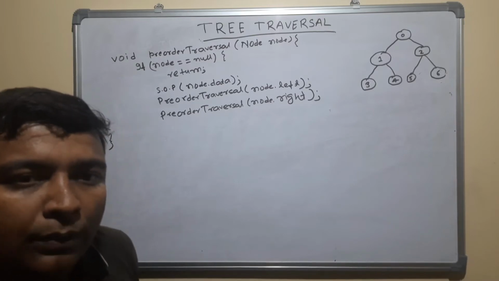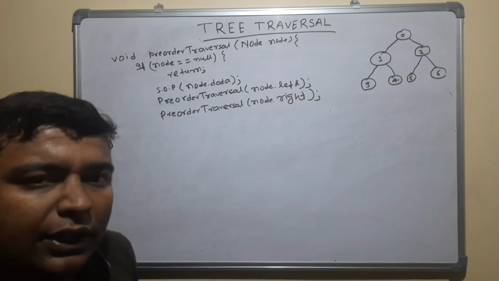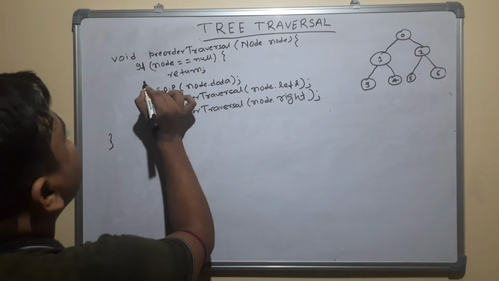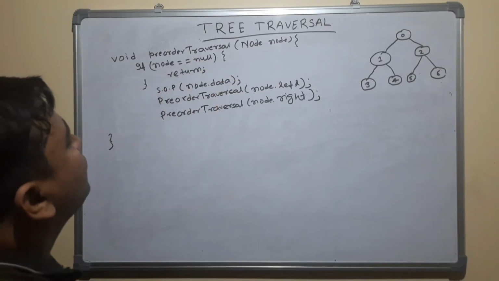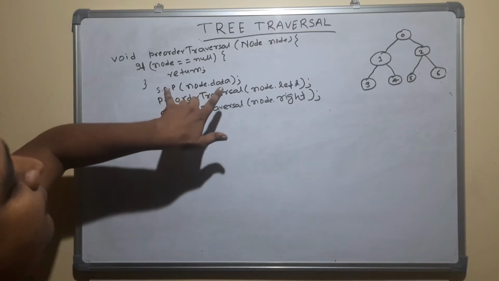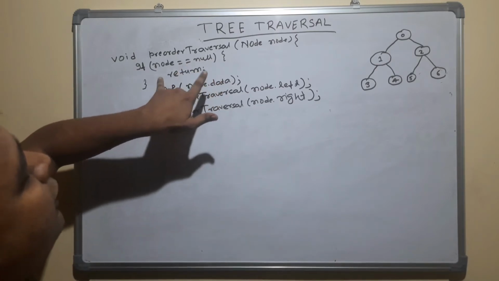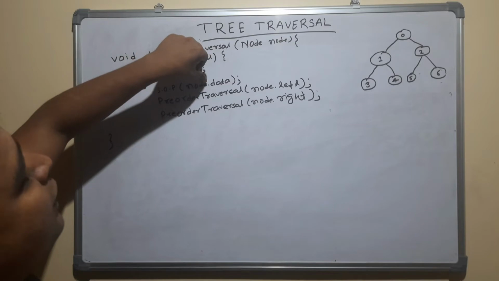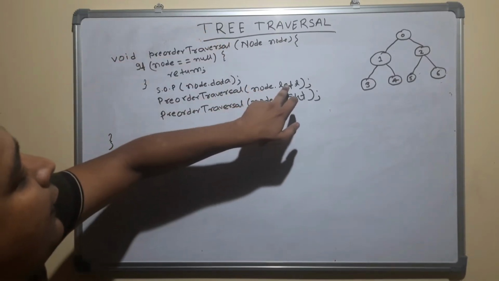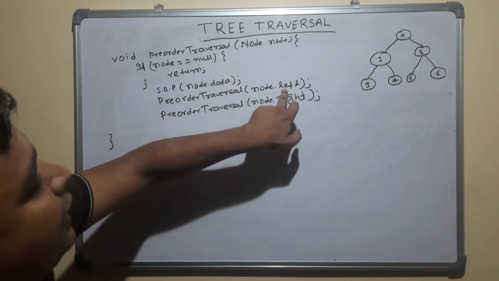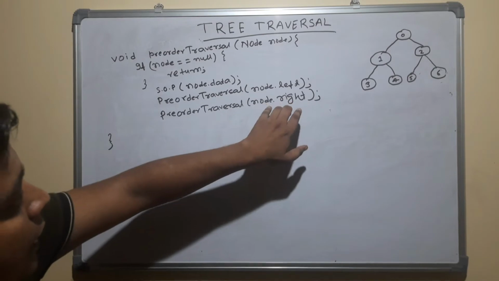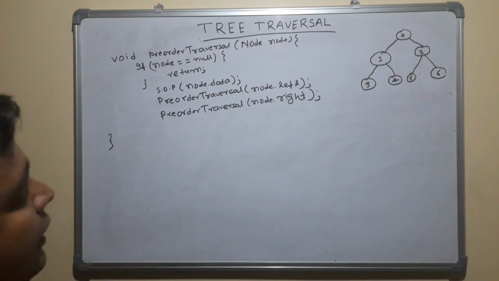If there is no base condition, it will run infinitely. The base condition I have given here: if node equals null, then we return. First we print this node's data, which is the root node, then we traverse the left subtree, and then we process the right subtree.